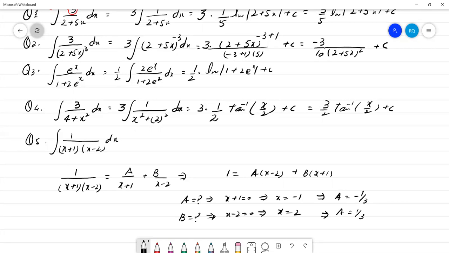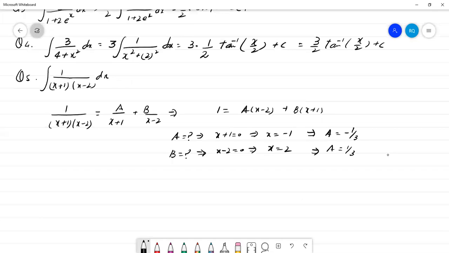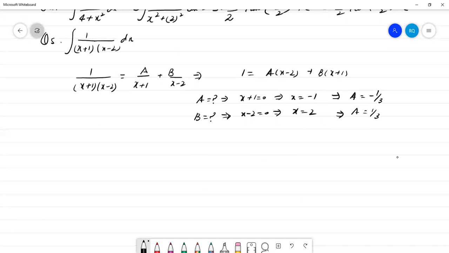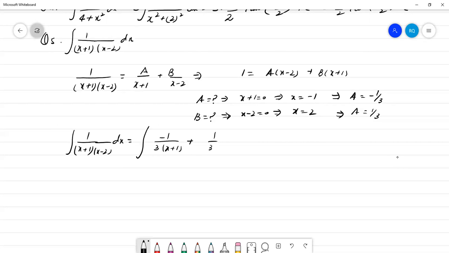So now this question becomes integral of 1 over (x plus 1)(x minus 2) dx is equal to integral of a, that is minus 1 by 3 over (x plus 1), plus b, that is 1 by 3 over (x minus 2), dx.